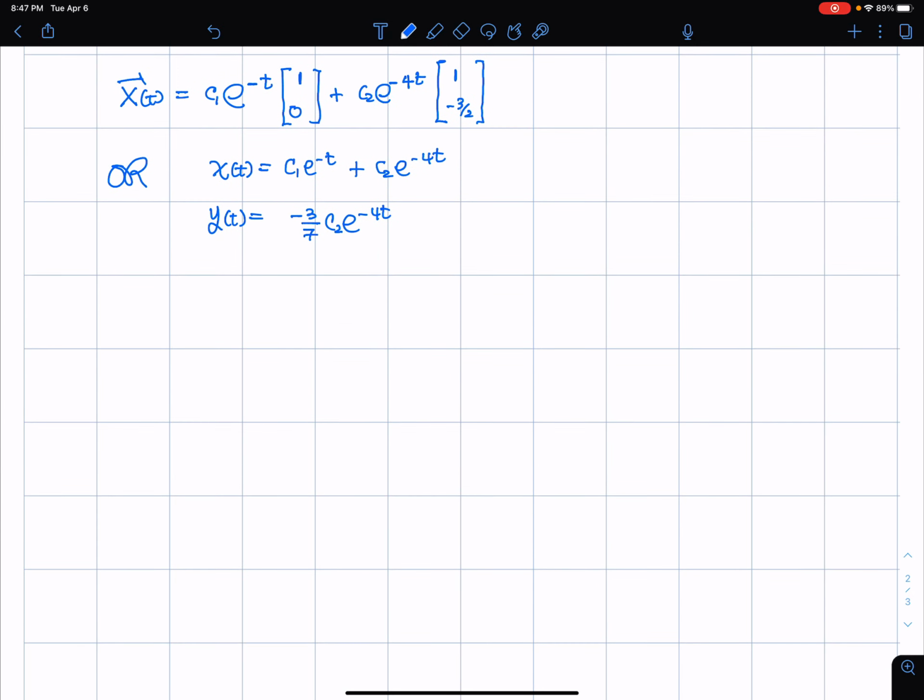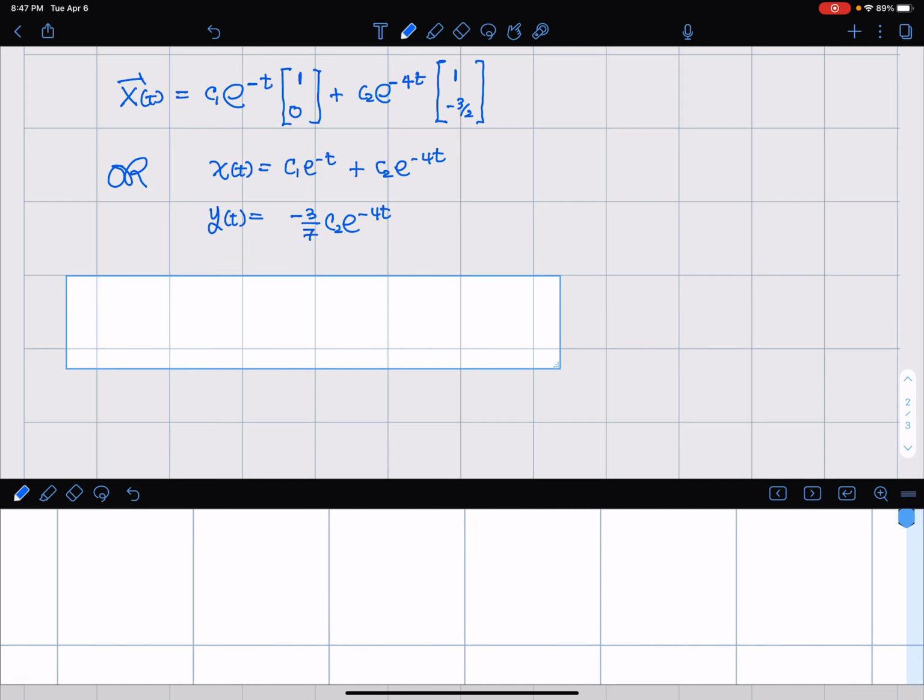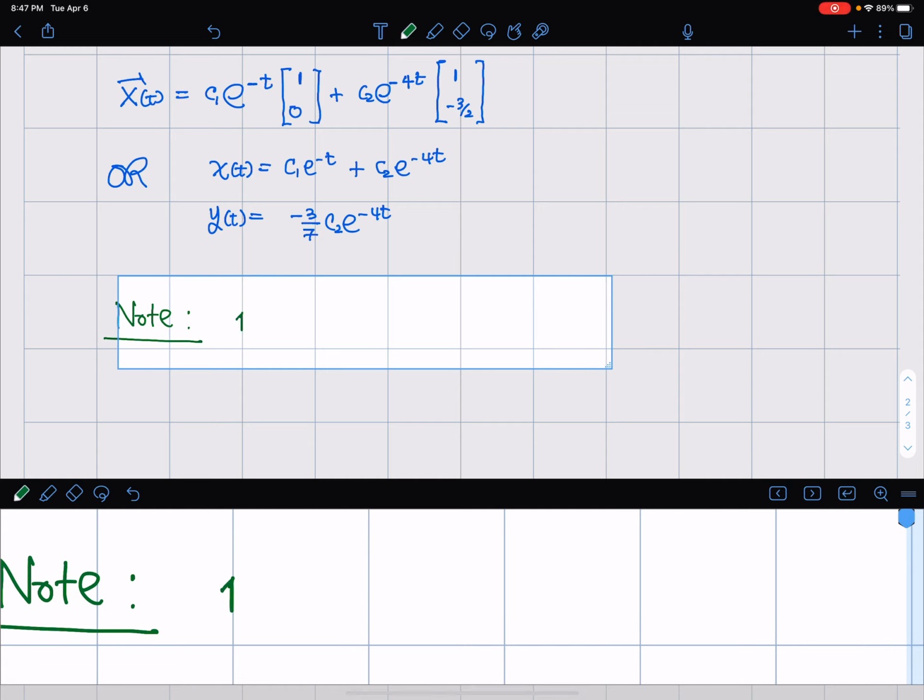Now, I want us to note a few things. We've studied fundamental solutions.